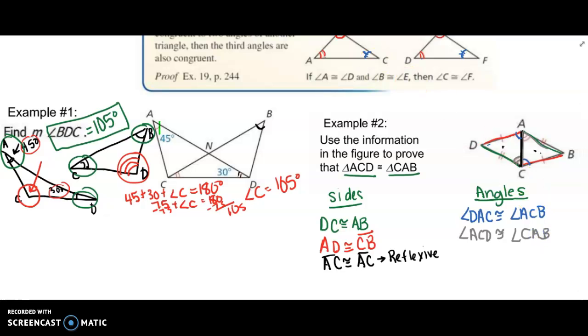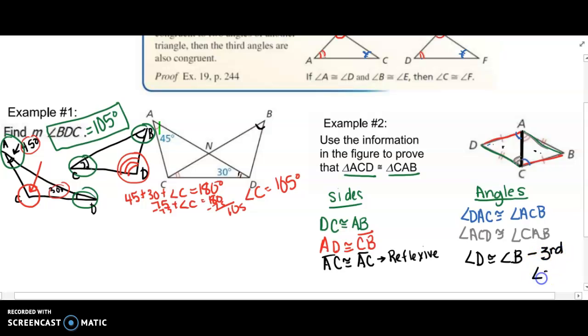Now the only ones that I haven't mentioned yet are angle D and angle B, which are congruent. And how do we know those 2 angles are congruent? Well, we know those 2 angles are congruent by the third angles theorem, like we just talked about, and now we know the 2 triangles are congruent.